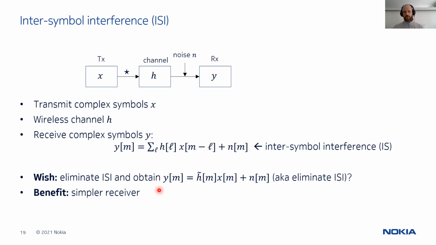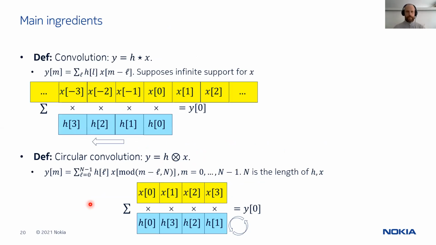So ideally, we want to go from here to here, where I actually put h tilde on purpose, because h tilde does not need to be equal to h. It has to be something that multiplies your symbol, and we will see what that actually ends up being. The benefit is that the receiver is going to be definitely simpler.